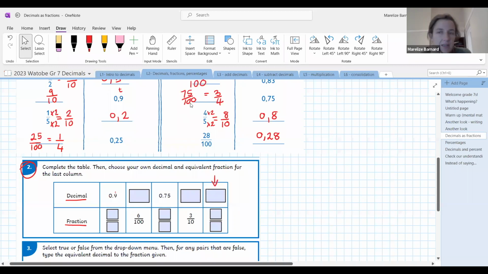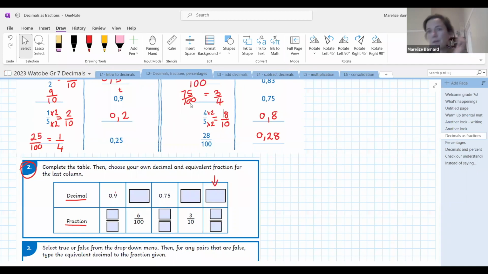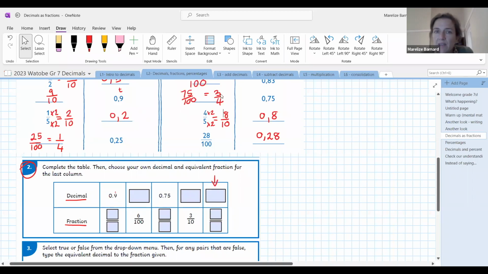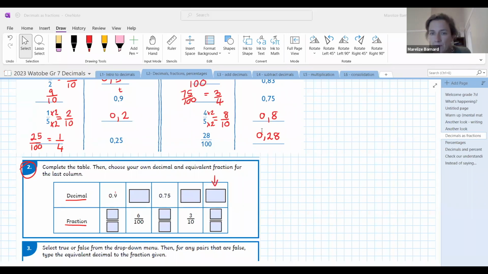What's the biggest number that can go into 75 and into 100? 100 can't go into 75, but 25 can go into 75. 75 divided by 25 gives me 3, and 100 divided by 25 gives me 4. Oh, okay, ma'am. Thank you, ma'am.